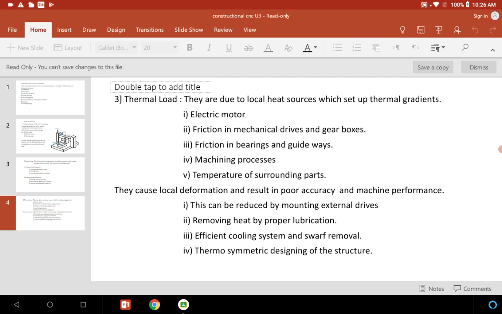Also using cooling systems for maintaining efficient working, and thermosymmetric design of the structure. These are a few precautions that can be taken to reduce the heat generated while working with CNC machines. These are the main three types of loads which are acting on the machine structure.